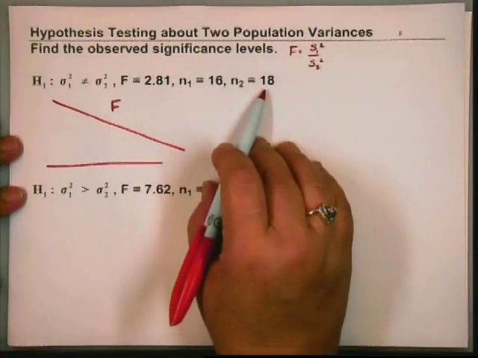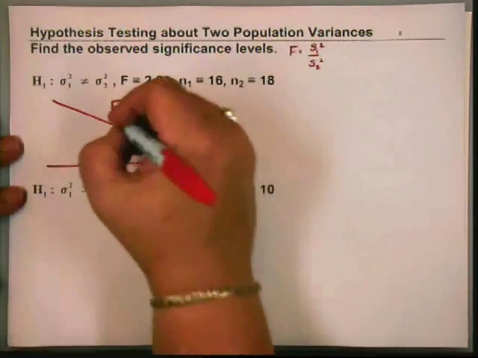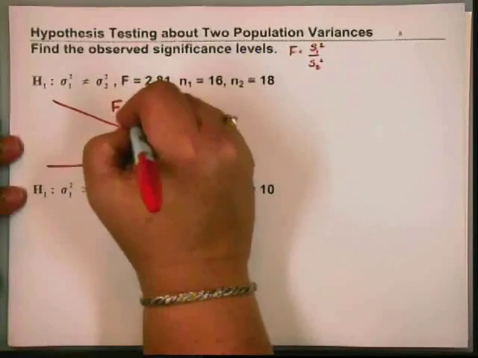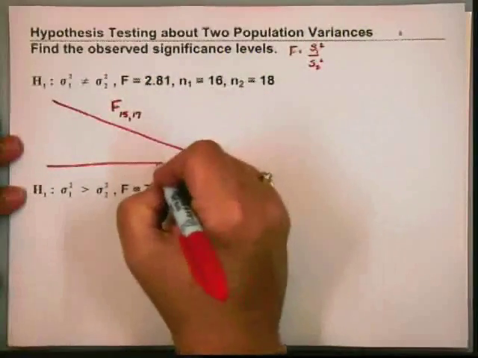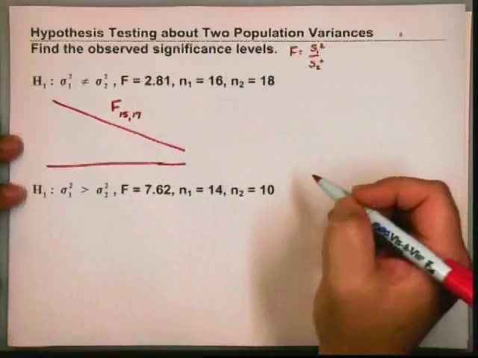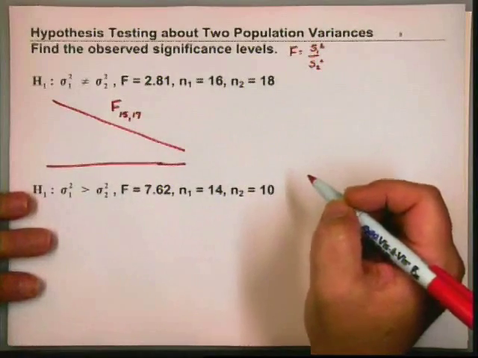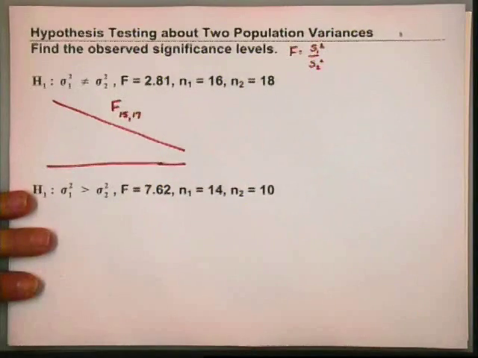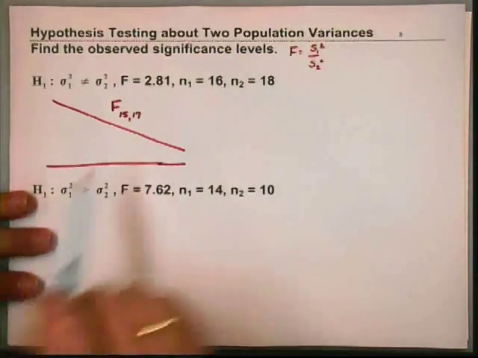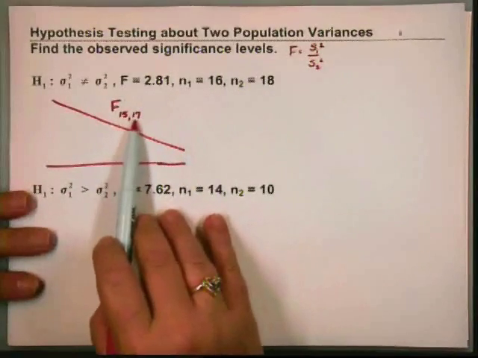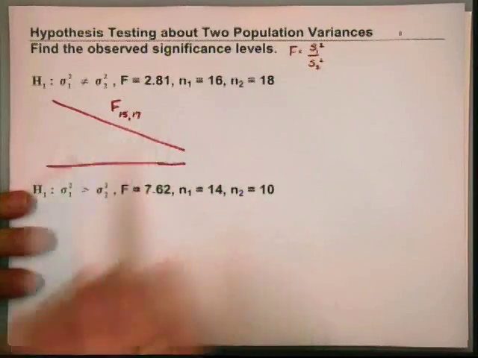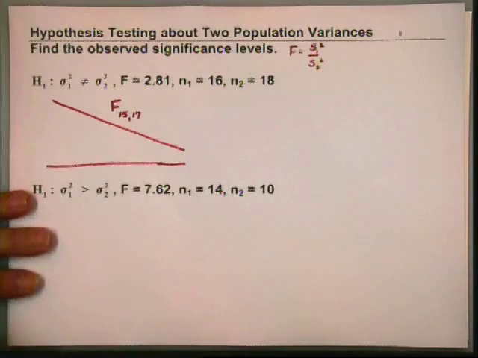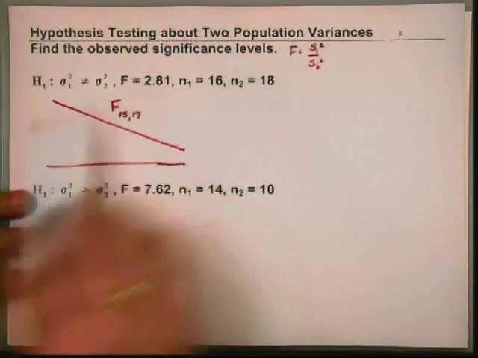Denominator degrees of freedom, 17. Now going from page to page, or subtable to subtable, staying in column 15, row 17, find the two values between which the calculated value 2.81 falls.